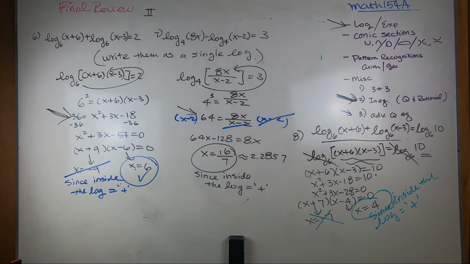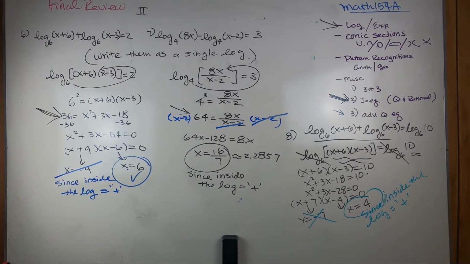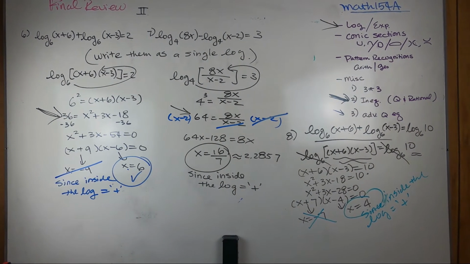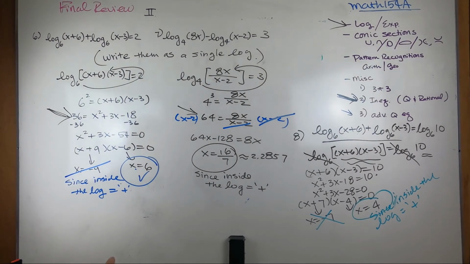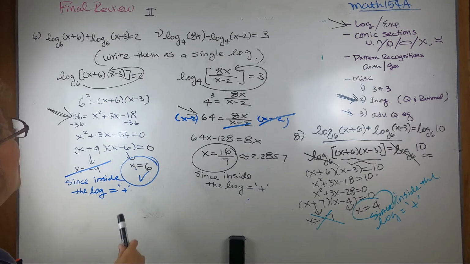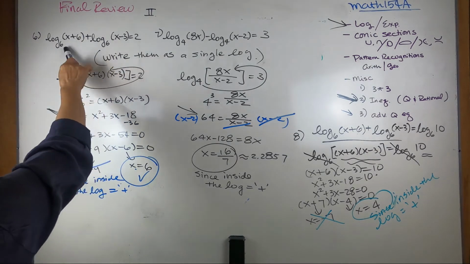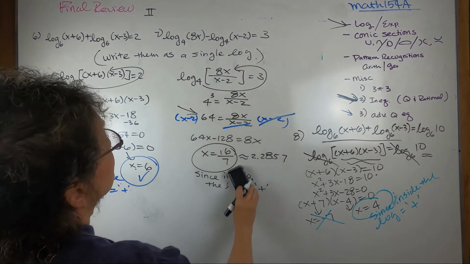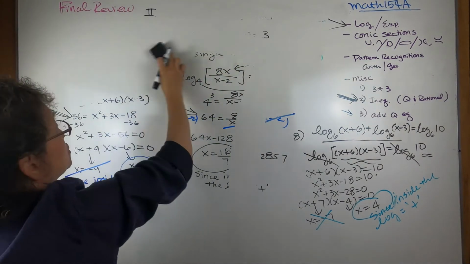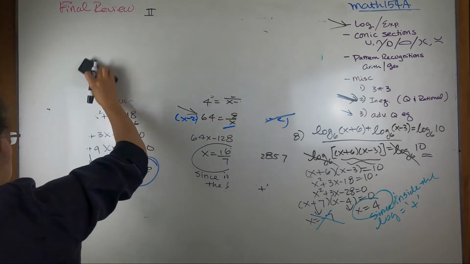Okay, so we are reviewing logs, and we have to know how to combine different logs with the same base into a single log before we can solve the equations.